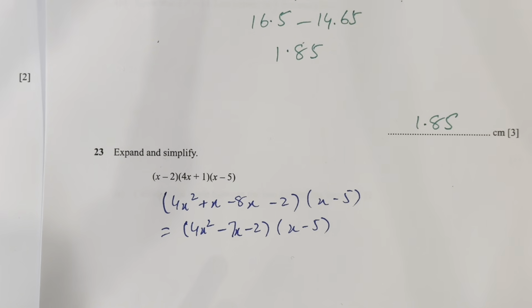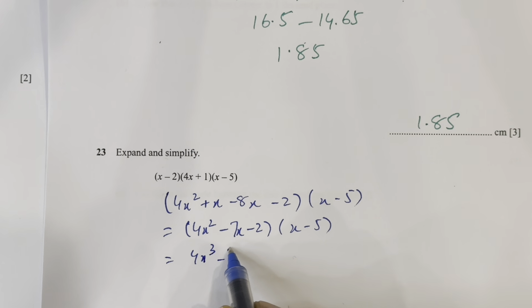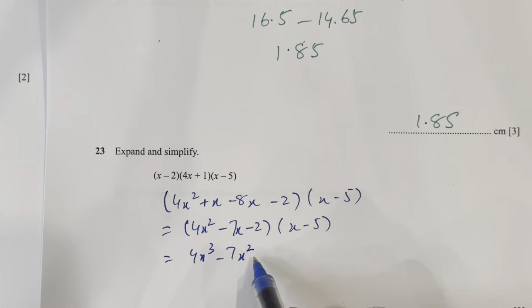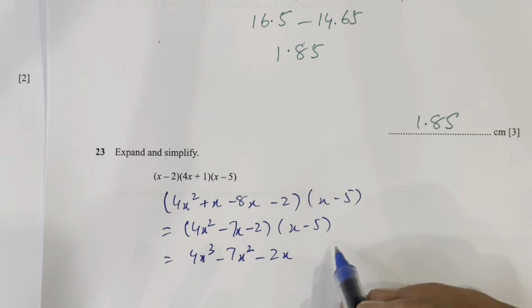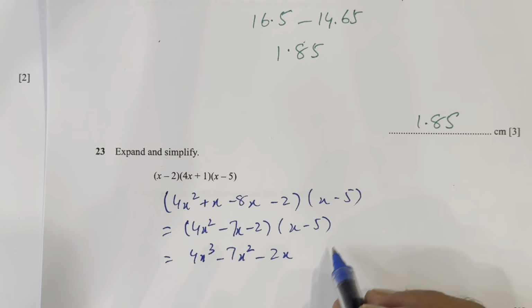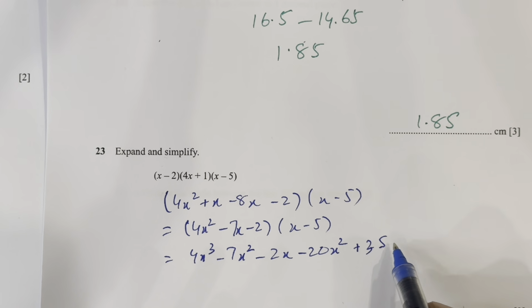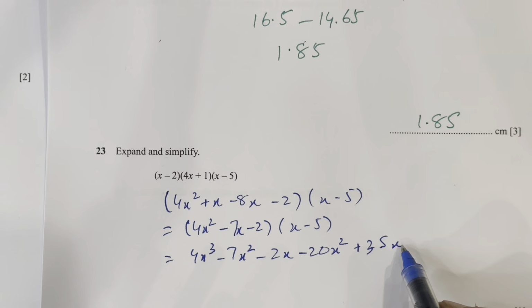Now multiply these two values. It would be 4x cube minus 7x square minus 2x, then it would be 4 into 5, minus 20x square plus 35x and plus 10.